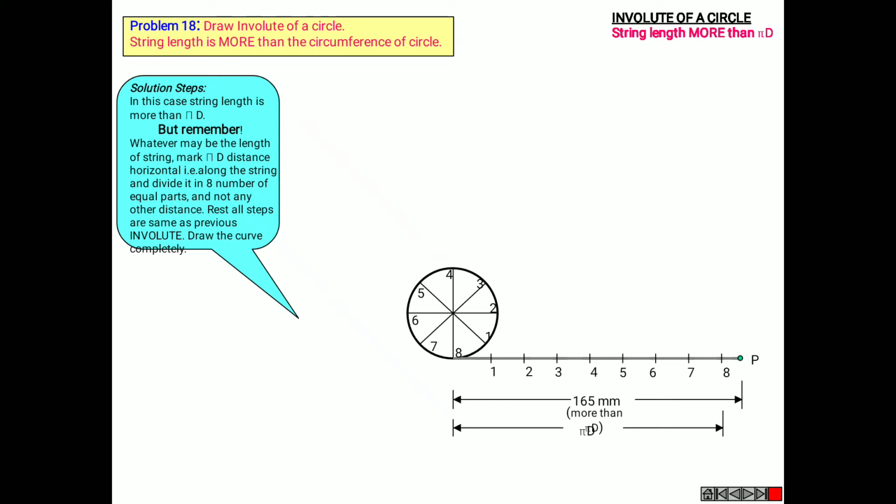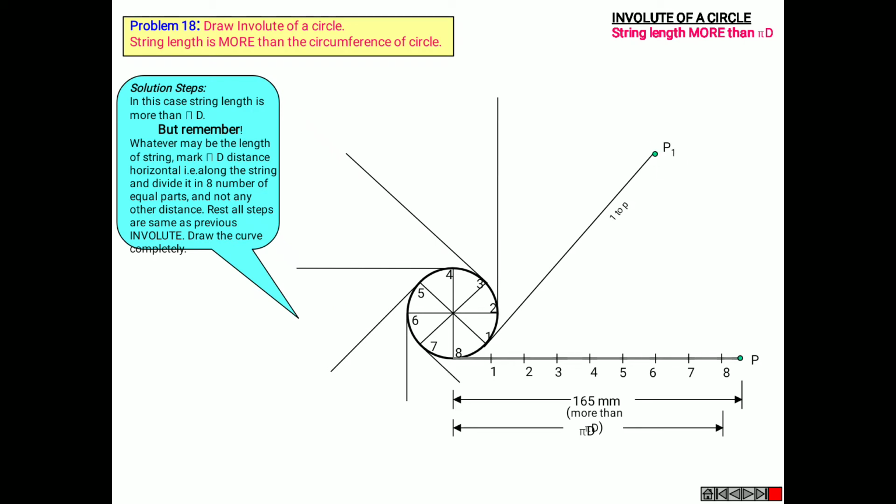Similarly, draw the perpendicular lines from 1, nothing but the tangents. Similarly to 2, 3, 4, 5, 6, 7, and 8 is already done. Now same 1 to P, measuring 1 to P in your compass. Mark the point on the tangent line from 1 and mark it as P1.